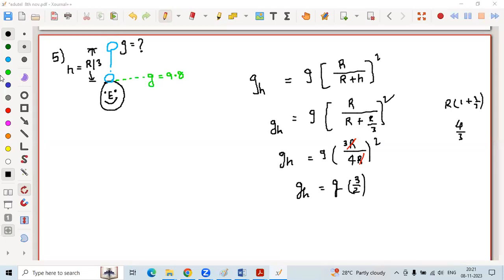Yes. Correct. You are correct. Three square is 9, 4 square is 16. Small g or 9.8 போடுங்க.